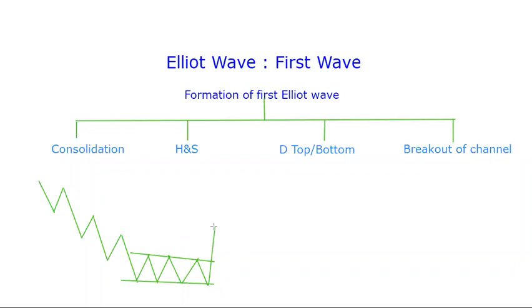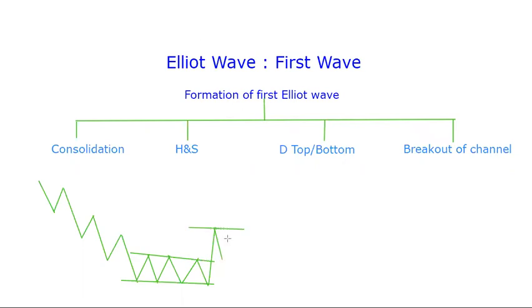Once you see a breakout, let the breakout retest the line, or even the middle line of the channel, and you start buying based on the setup or the strategy that you have deployed. You can start buying at this area if you get a buy signal, or you start buying above the high of this candle or this move. So that will be the first wave of the cycle that is going to form.